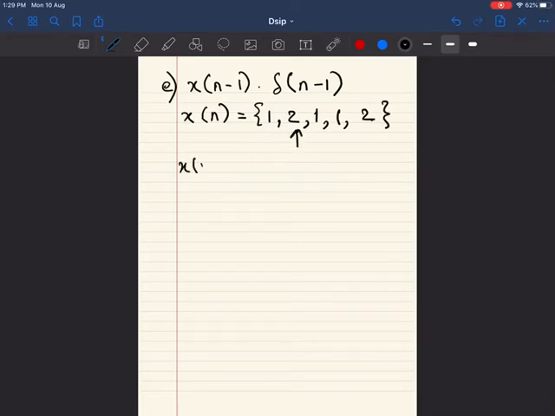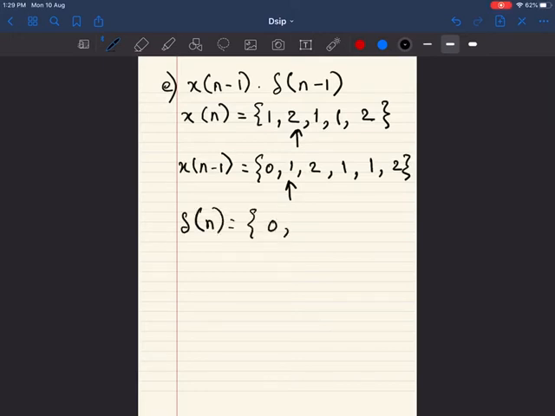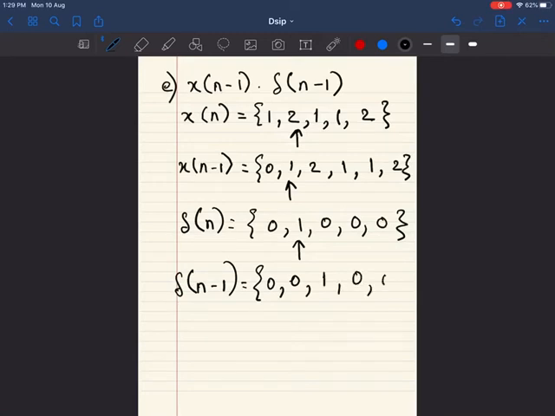My x of n minus 1 is something that I have already computed, which is 1, 0, 1, 2, 1, 1, 2. Okay, this is the origin. Then I have my delta n, which is nothing but 0, 1, 0, 0, 0, and I have my delta n minus 1, which is nothing but 0, 0, 1, 0, 0.